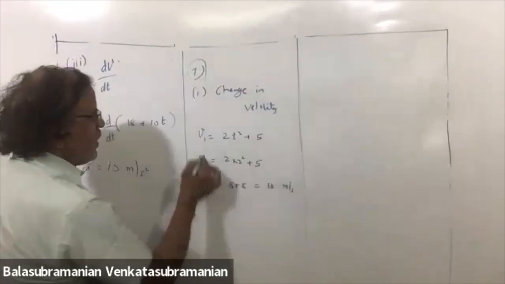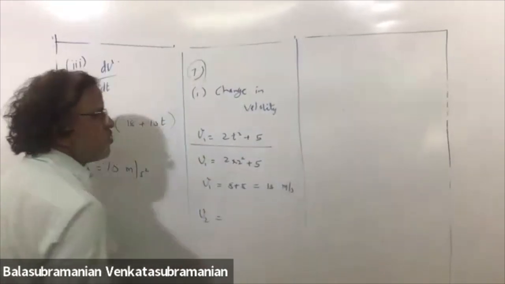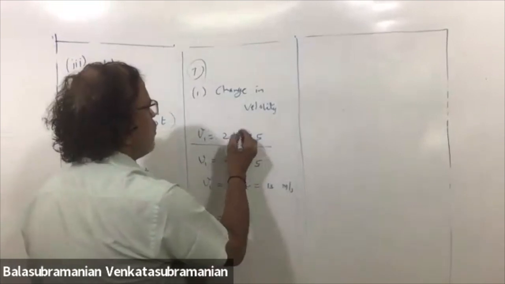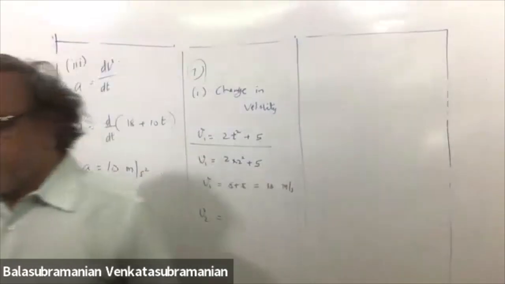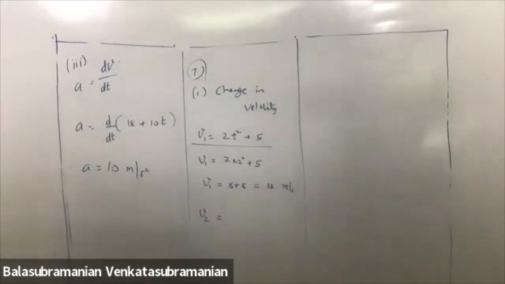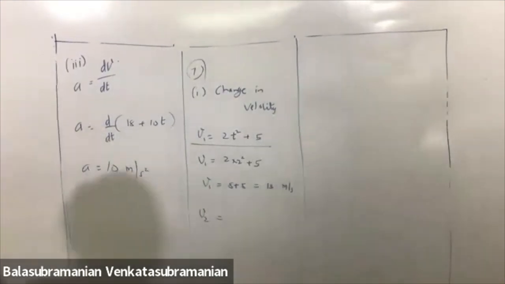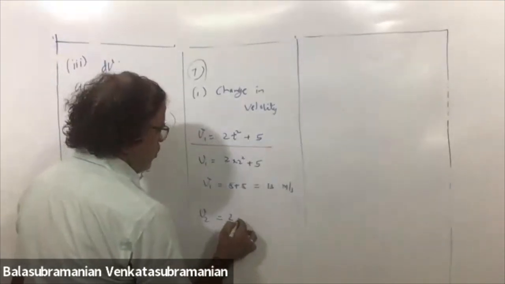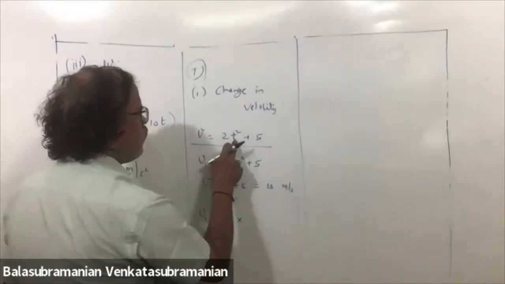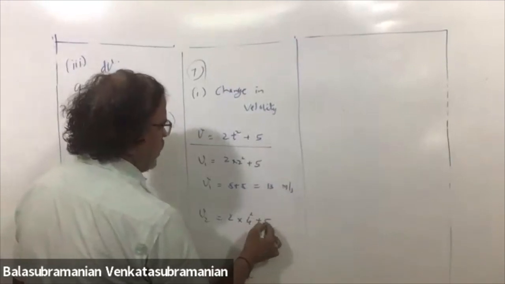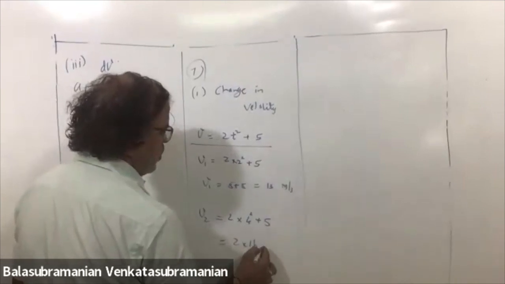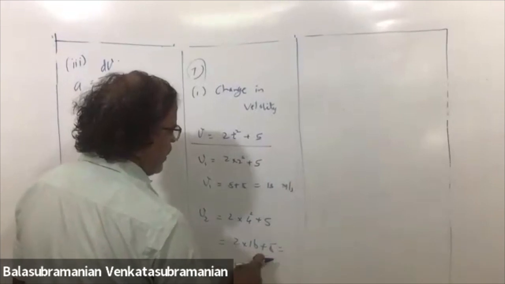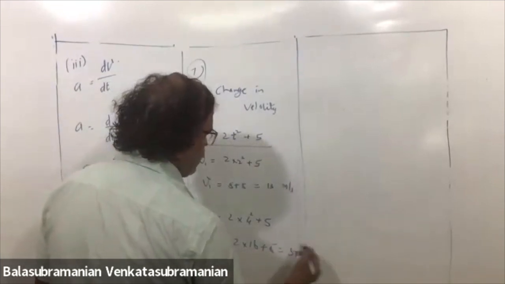Second, V2. What is V2? At time T2 is equal to 4 seconds, 2 into 4 square plus 5. 2 into 4 square, 16, plus 5. 32 plus 5, 37 meters per second.